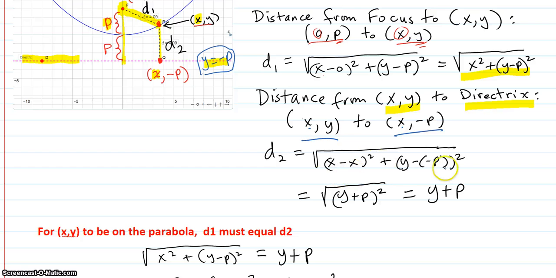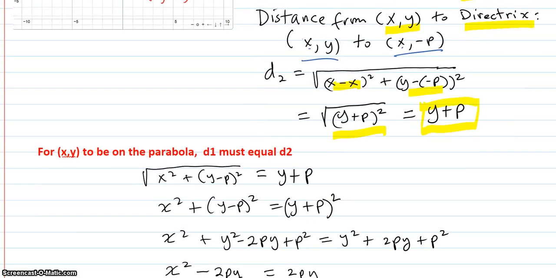So you simplify this down and you get x minus x right there is just 0 squared. So you get the square root of y plus p squared. The square root of something squared is y plus p. You get that.